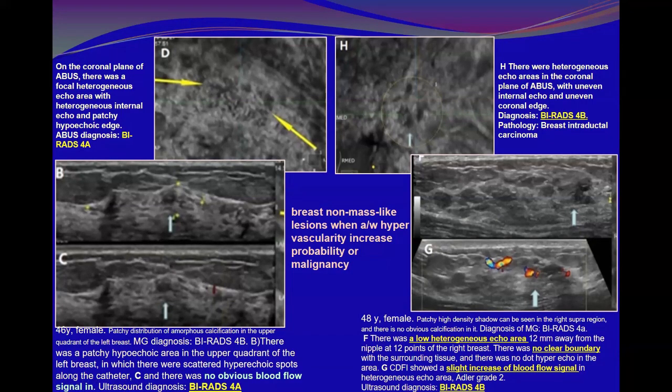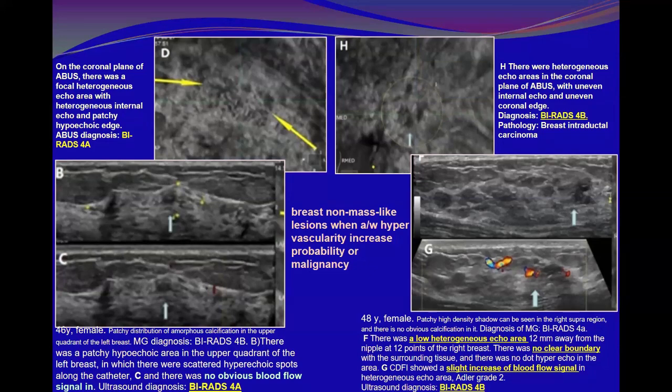It is heterogeneous and non-mass-like, but unlike the other example, it is associated with hypervascularity. There is moderate increased vascularity, a significant vascular signal within the color box. So from BI-RADS 4A on mammography, it was upgraded to 4B on ultrasound.